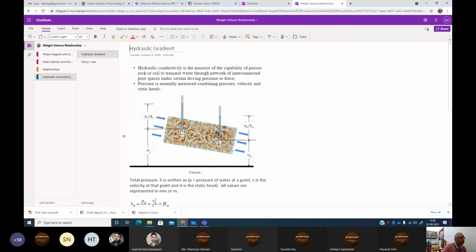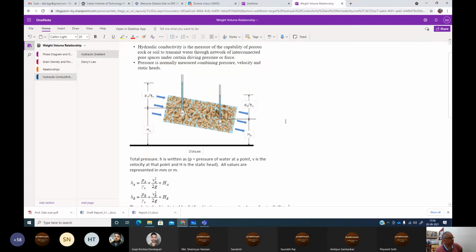Now let's assume at this particular location there is already a pressure of the fluid which is PA, and at this point, in the middle, this is the pressure B. Now this pressure, normally the unit of the pressure is what? Newton per meter square, Pascal.